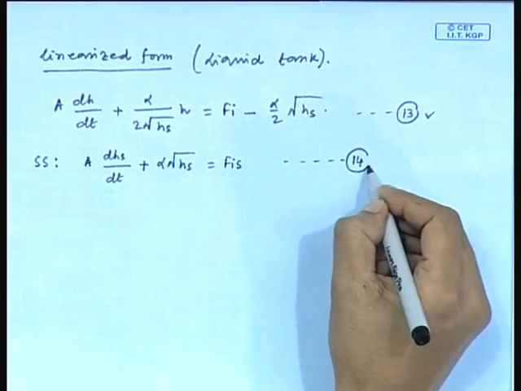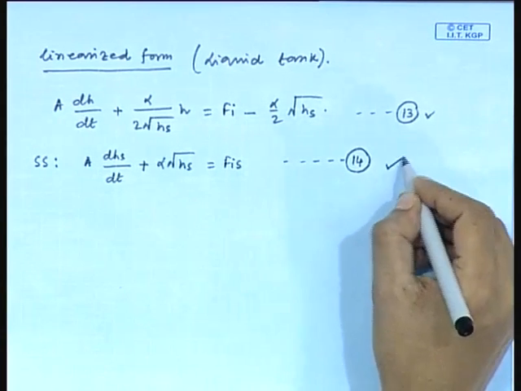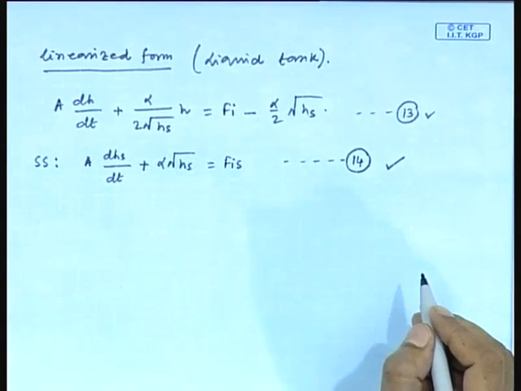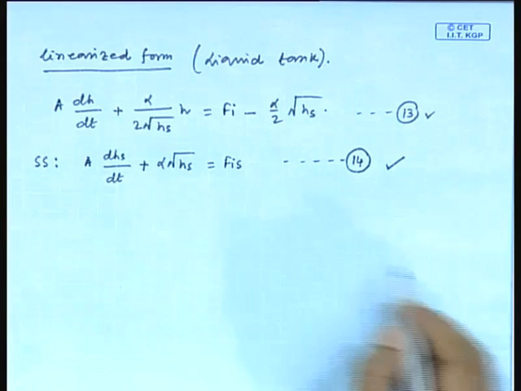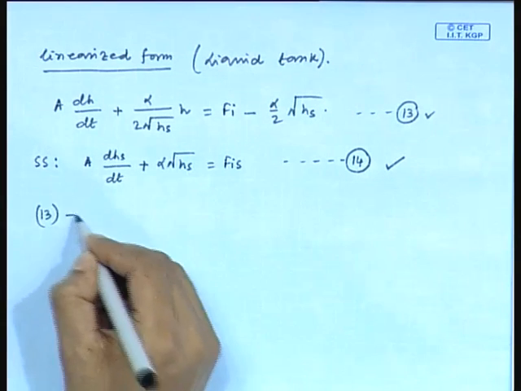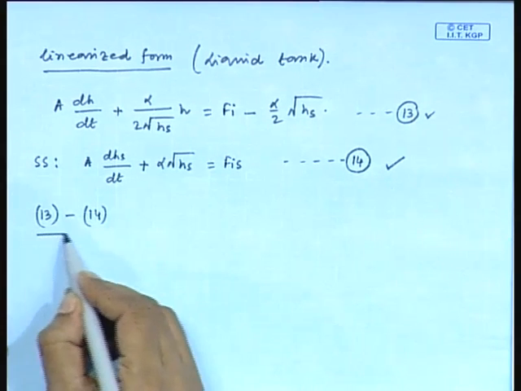To represent the steady state, we have included suffix s with all variables, fine. Then we get A dhs dt plus alpha root hs equals F_is. Now, we will subtract equation 14 from equation 13.